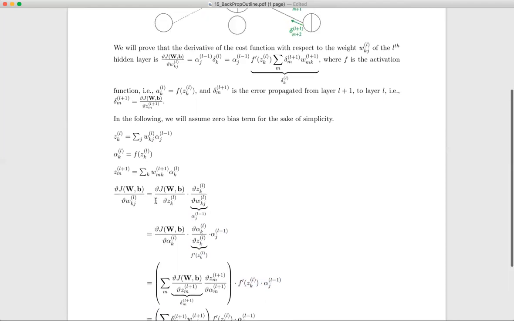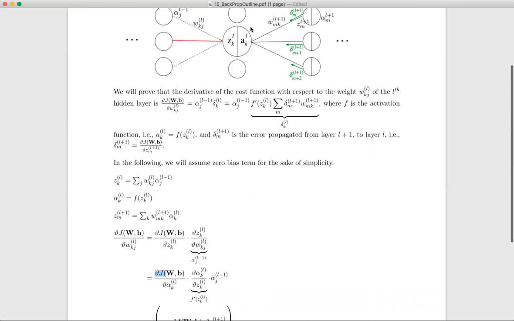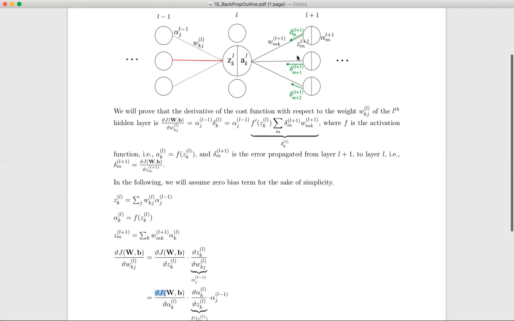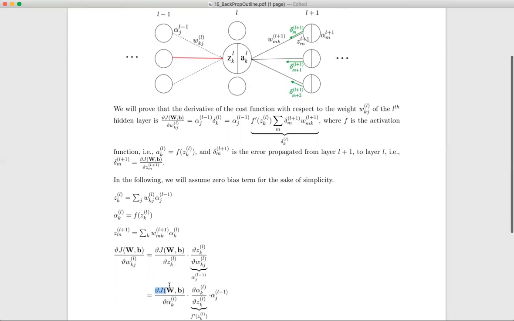So now we have an expression of our cost with respect to that variable alpha, meaning the output of the L layer. What we want to do is expand this one more time. So we want to actually now go ahead and reach the L+1 layer. And the way to do that is to perform another chain rule by expressing this cost with respect to each of the inputs of the L+1 layer.